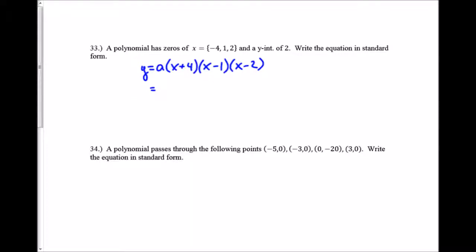Essentially, this is giving me the ordered pair (0, 2), which means I plug a 2 in for y, I plug a 0 in for x, and I can solve this for a. And so when I do that, that gives me a positive 8.